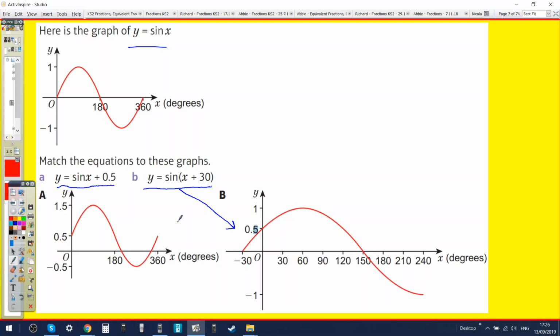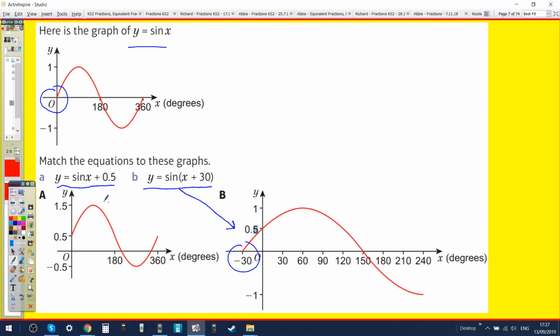B goes to B because x plus 30. It goes in 30s, so 120 plus 30 is 150, and so on. So basically, this one moved 30 to the left. It originally started at 0, 0. Now it starts at minus 30, 0, and so it's the opposite sign, x plus 30.